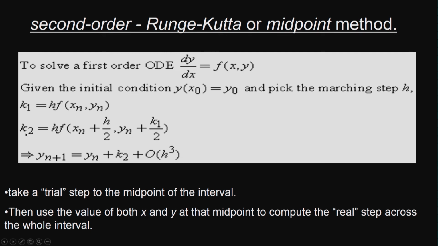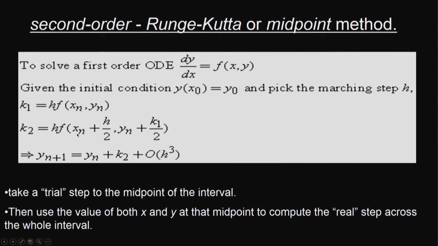Then you calculate k2 at the midpoint, h by 2, so xn plus h by 2, yn plus k1 by 2, and then make use of it to calculate yn plus 1. So, yn plus 1 is equal to yn plus k2. Here the error is of the order of h raised to the power 3. So, this is called the midpoint method.